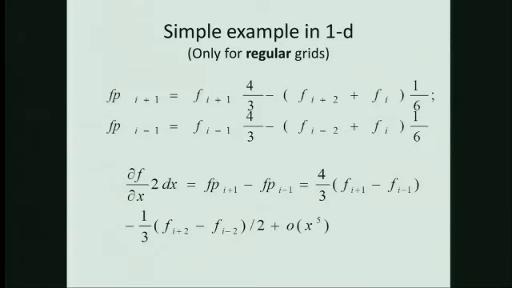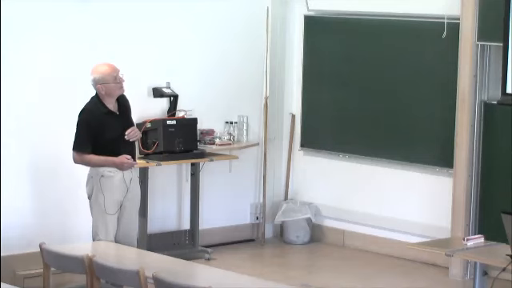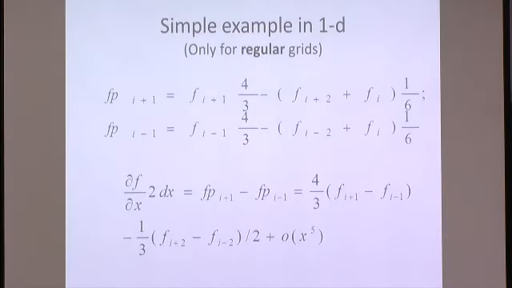So this is a very simple example. You do the point fluxes Fp in this way. You take the flux at i plus 1 times 4/3 plus the average of the fluxes times 1/6, and the same for i minus 1.